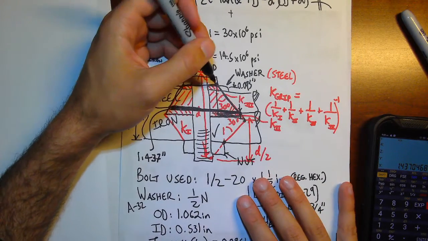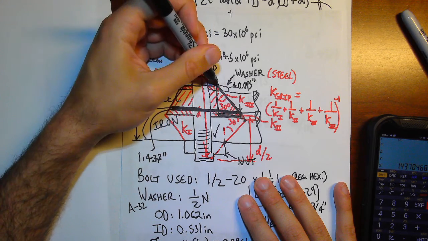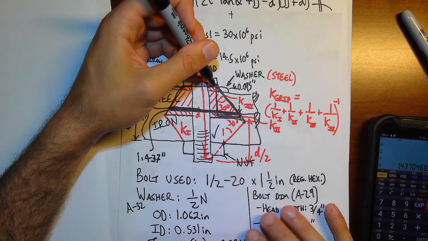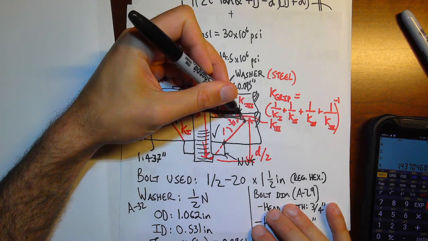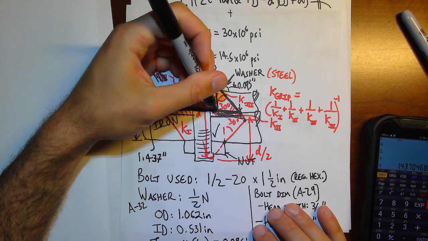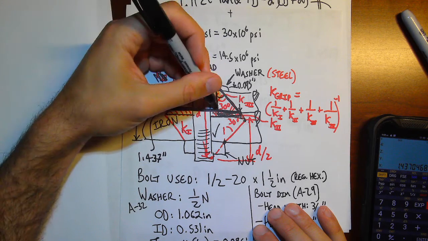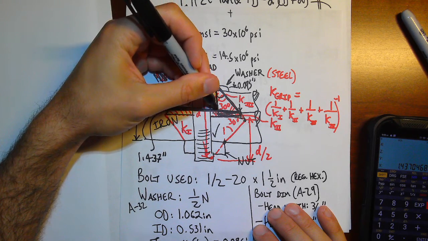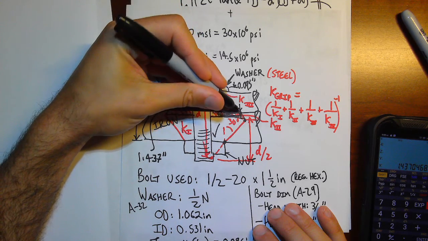And again, I just did that by saying that I have this triangle here. It started at the head of the bolt in this case. It went down to this point of intersection here where my next frustum started. I know that this angle is 30 degrees. I know how long this leg is, so I can find how long this side of the triangle is.